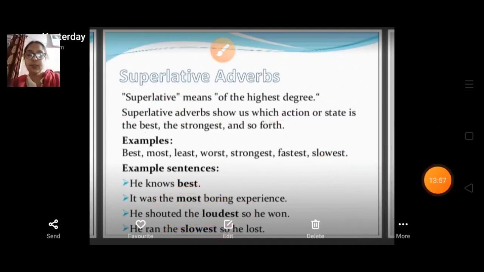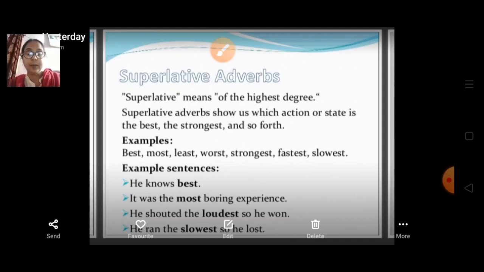If it is written more carefully in comparative degree, we can write most carefully in superlative degree. More cautiously becomes most cautiously. More sweetly becomes most sweetly. More politely becomes most politely. Farther becomes farthest. Worse becomes worst.